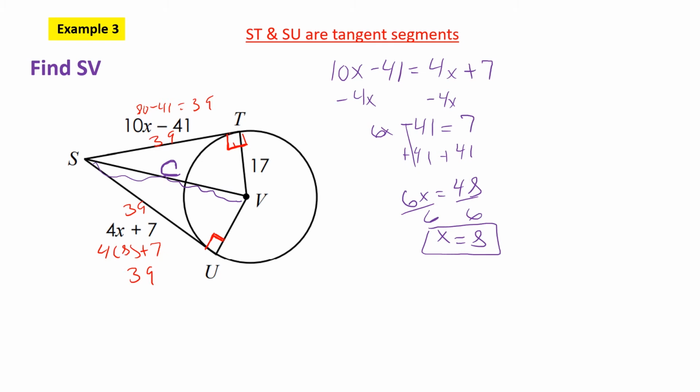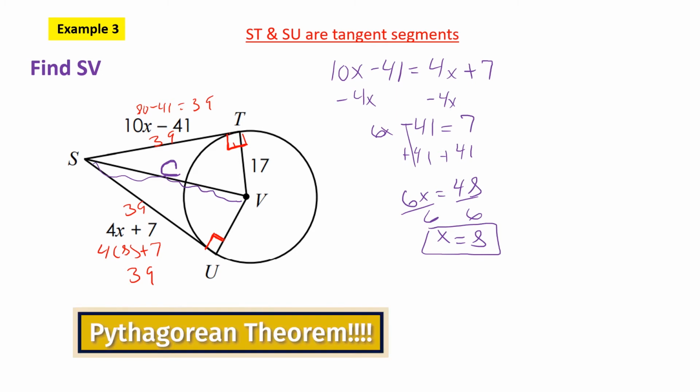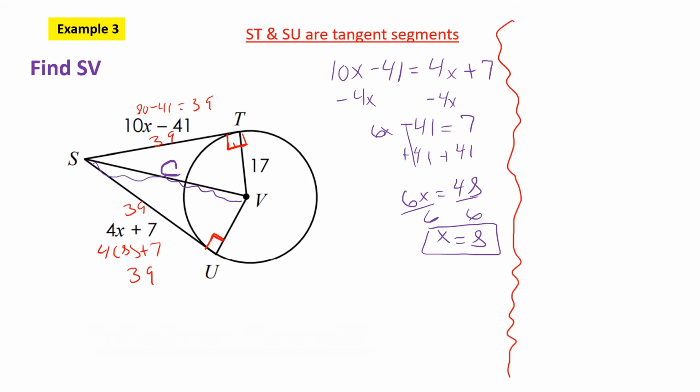What formula could we use to find a side length of a triangle if it is a right triangle? If you're thinking the Pythagorean theorem, you are correct. We use the Pythagorean theorem a lot. So remember, the Pythagorean theorem is a squared plus b squared is equal to c squared. A and b are your legs, and c is the hypotenuse.